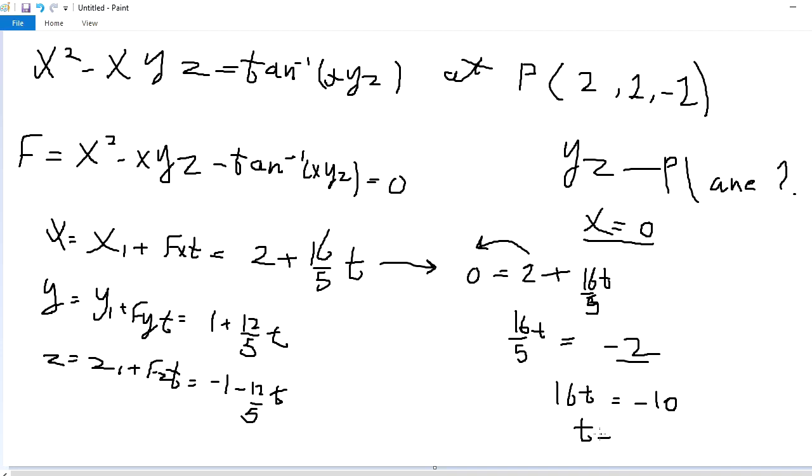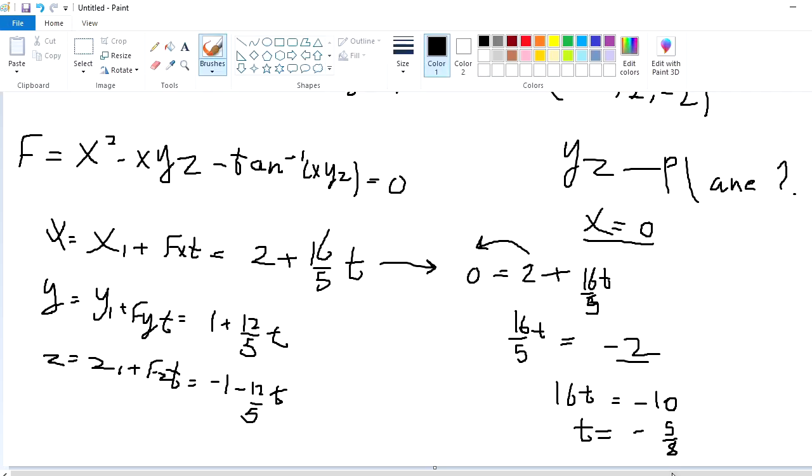Then t is going to be equal to, let's use the calculator, -10 divided by 16, and the answer is -5/8. Okay, this solution will help me to find the intersection points for every x, y, and z. So t is going to be -5/8.